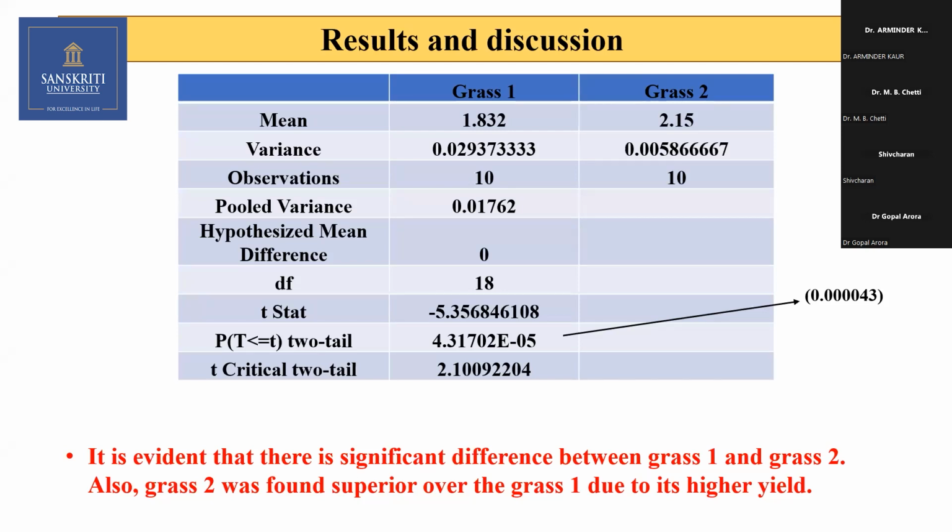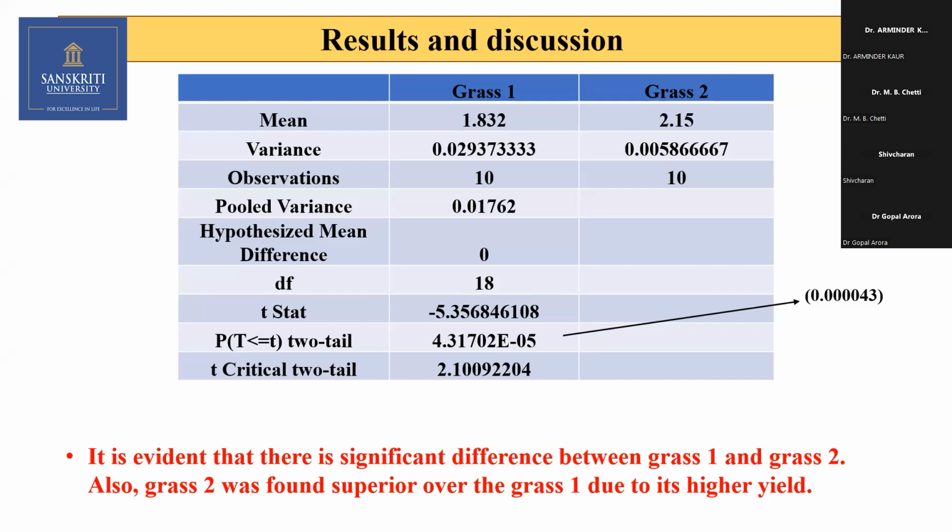Now the critical value, the table value, is 2.100, and the probability, or level of risk, is 4.31 into 10 raised to minus 5, as you can see here with E minus 05. So in the bracket that is 0.000043. The level of significance is so low. We are ready to take a risk of 0.05. It is much beyond that.